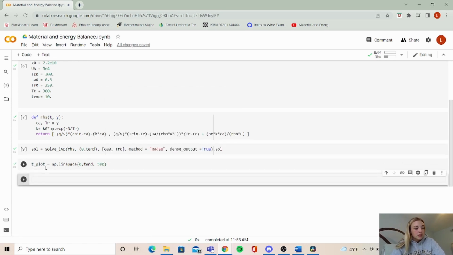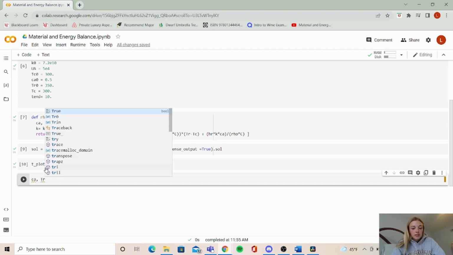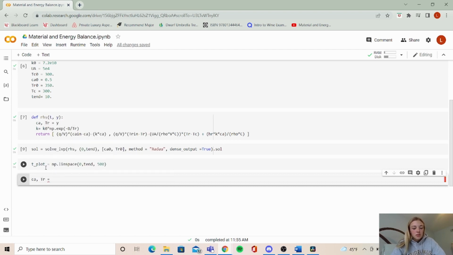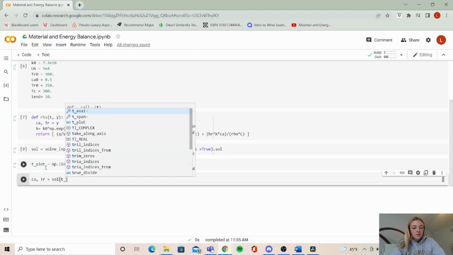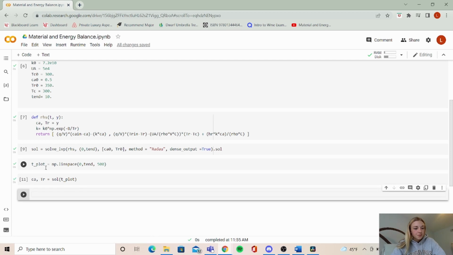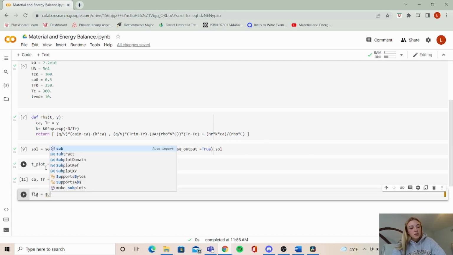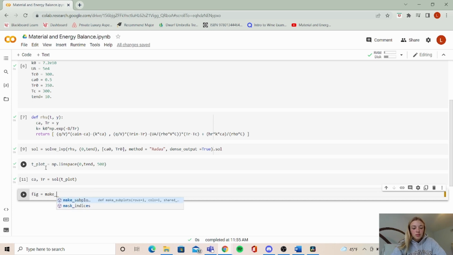And then the next thing, before we can make our plots, we need to separate and define our dependent variables. So that's going to be equal to our solution with the independent variable of our t-plot. So now we can go ahead and make our subplots.